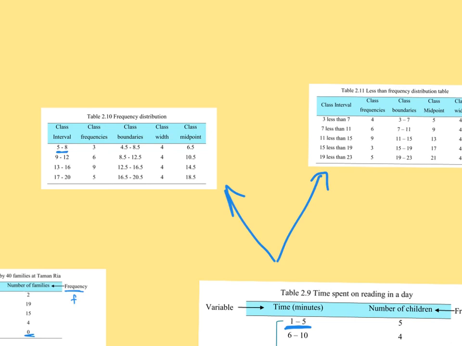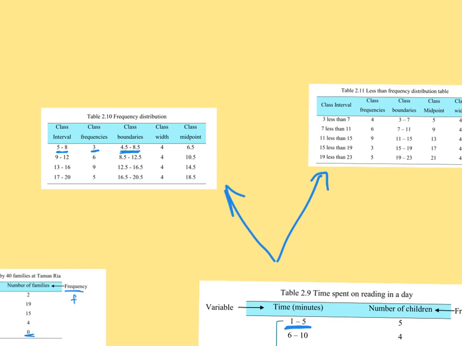And the class frequency is usually given by the question, so you don't have to calculate the class frequency. But for class boundaries, you can see here, the lower class boundary for the first class is 4.5, and the upper class boundary is 8.5. So how do they calculate these class boundaries?